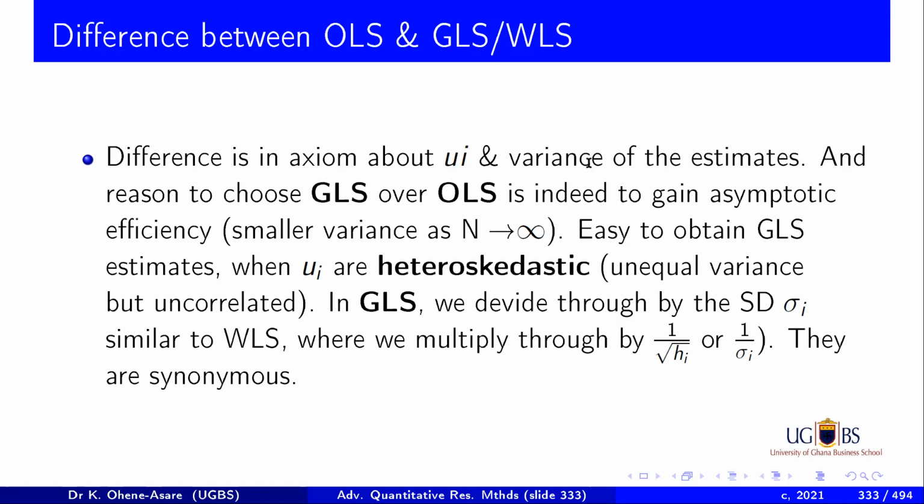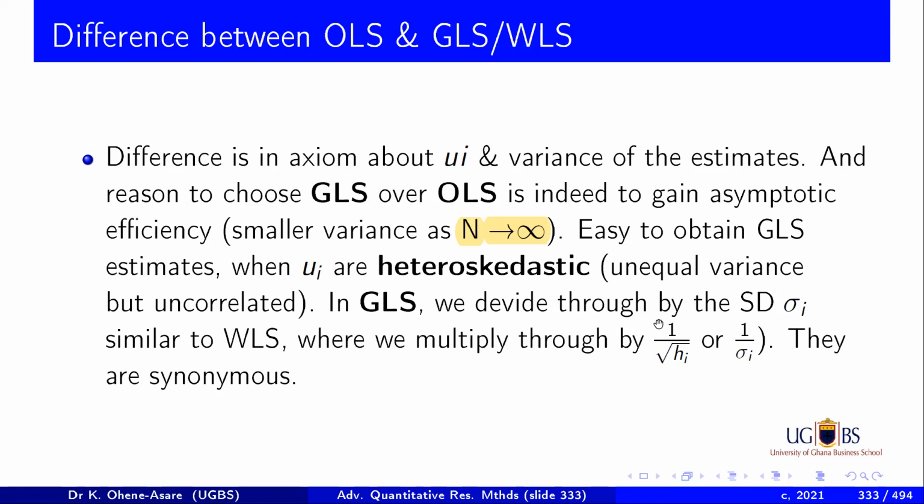And sometimes one can choose the GLS over the OLS if the sample size is big enough. That is what we mean by if n approaches infinity. And one can easily get the GLS estimate when there is heteroscedasticity. When you use OLS, you will not get proper estimates.